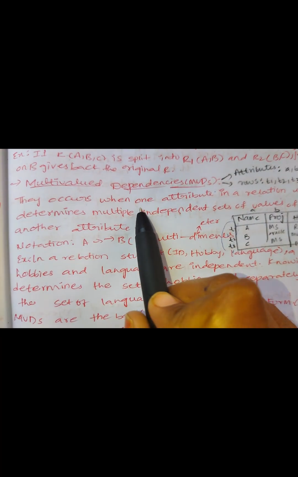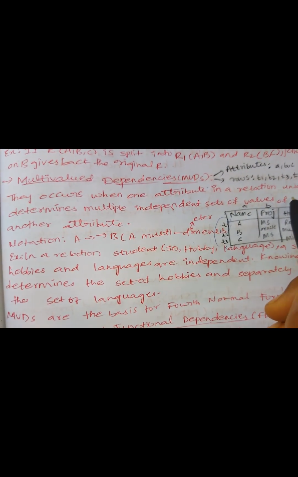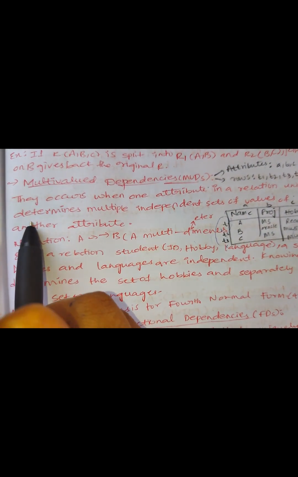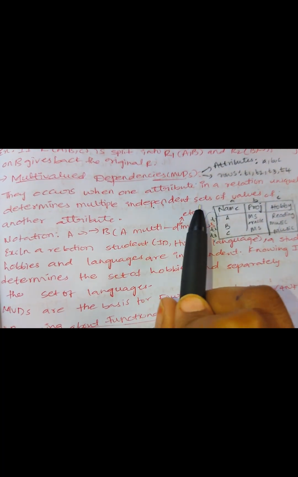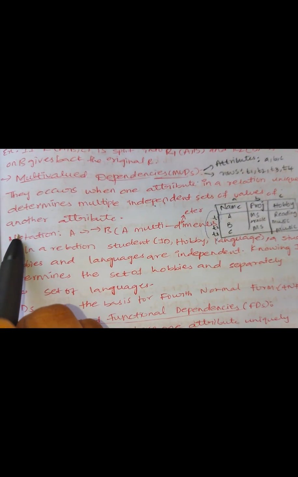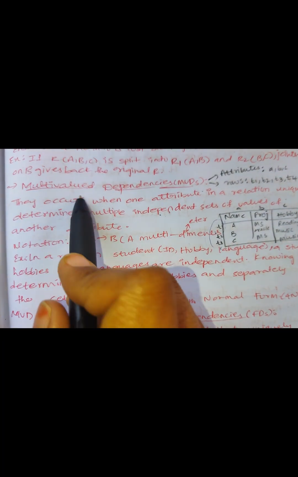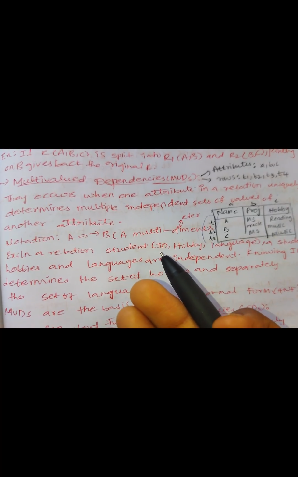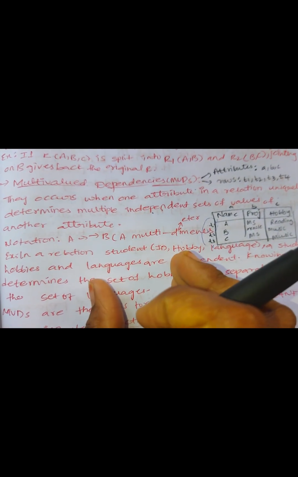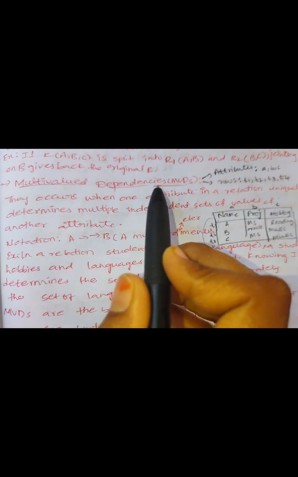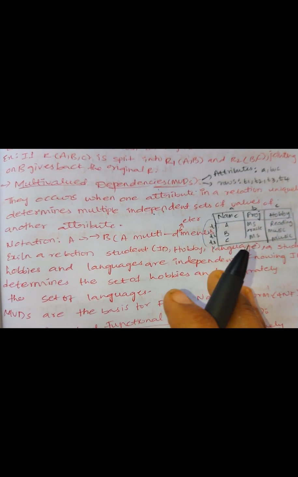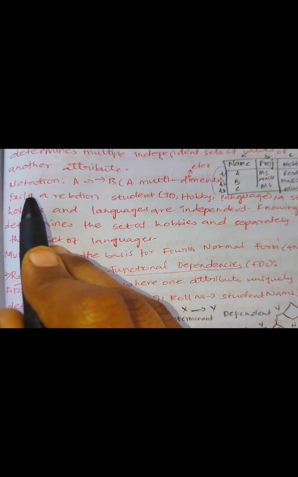They occur when one attribute in a relation uniquely determines multiple independent sets of values of another attribute. Multiple different values are present in the dependency, and they should not depend on the other values.